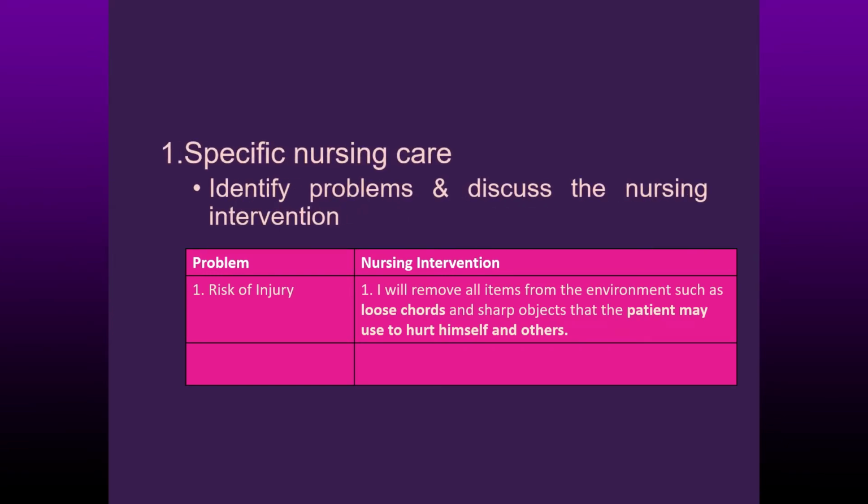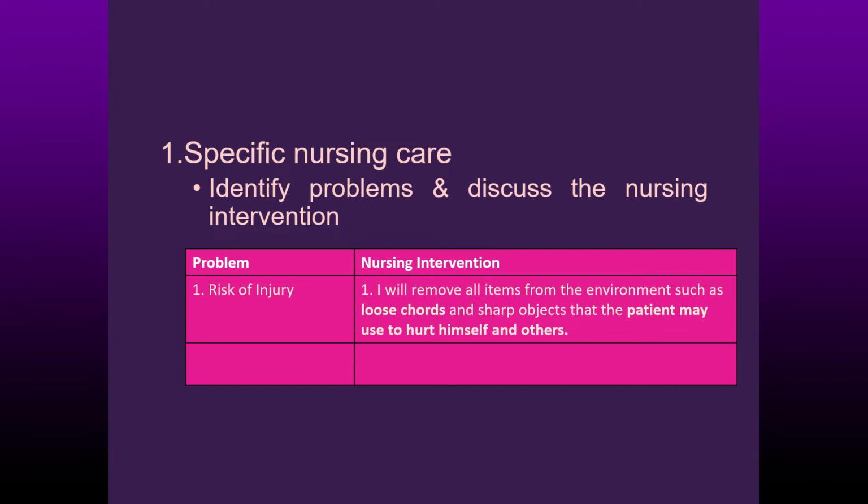All right. So specific nursing care. Under specific nursing care, if you are asked to provide specific nursing care, you need to identify problems and discuss the nursing interventions. Okay, so how do you bring out your information? You can bring out your information using a table as I have shown in this pink table.